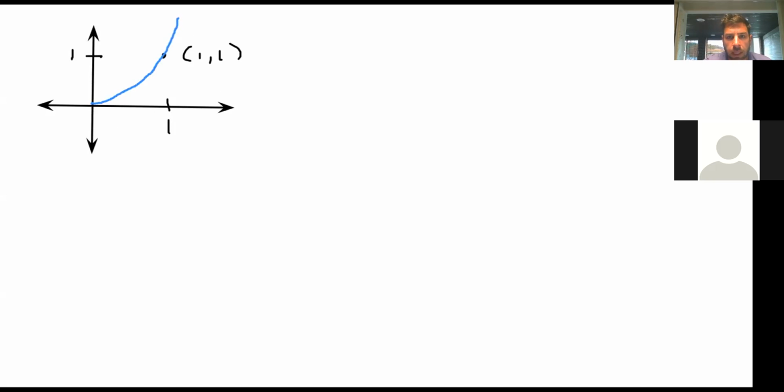So if this is the parabola x squared, what I want to restrict our attention to is this region right here that I'm shading in pink. And what we'd like to ask is, what is the area of this pink region?